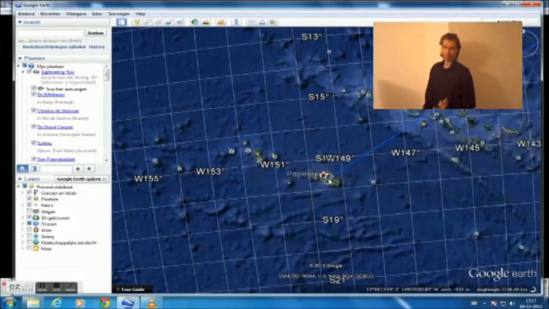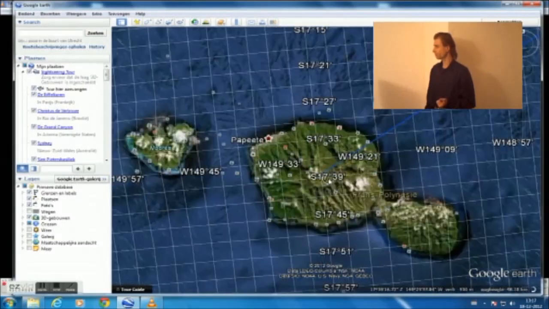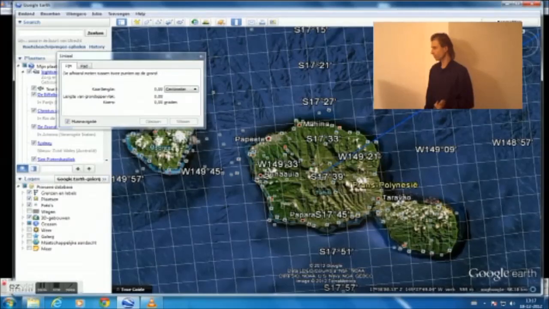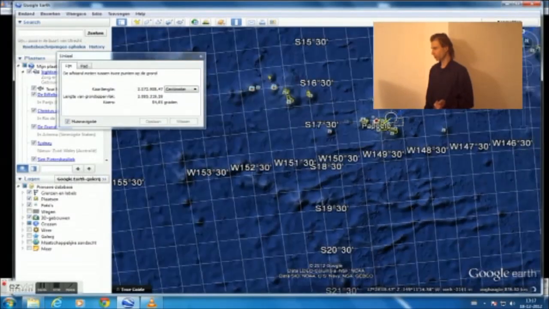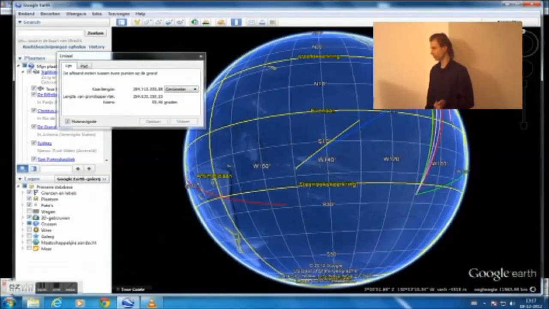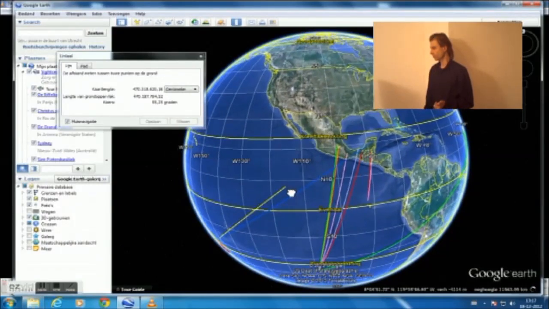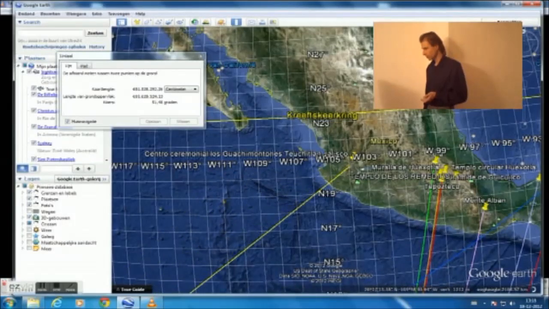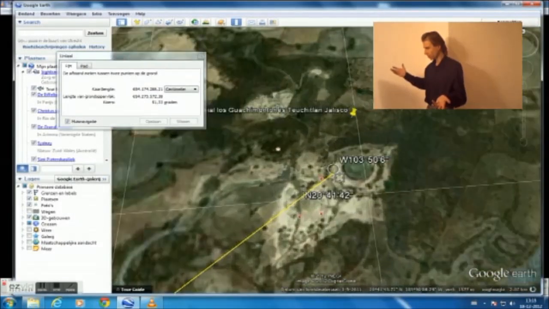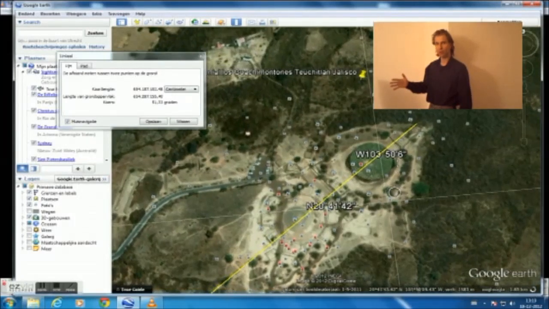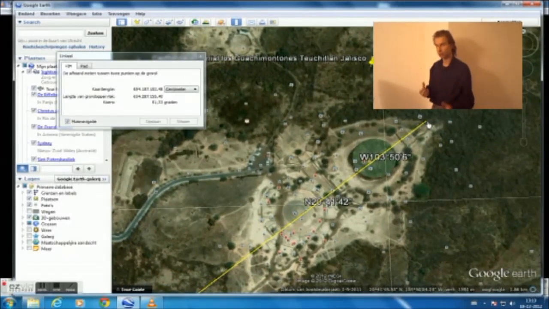Pick the measure tool again, put it on Tahiti, and we are going to those 2 round pyramids in Guachimontones. We have zoomed in and you see it already. You people think now, oh my god, it is true. All pyramids in Mexico are aligned with the islands in the Pacific Ocean.